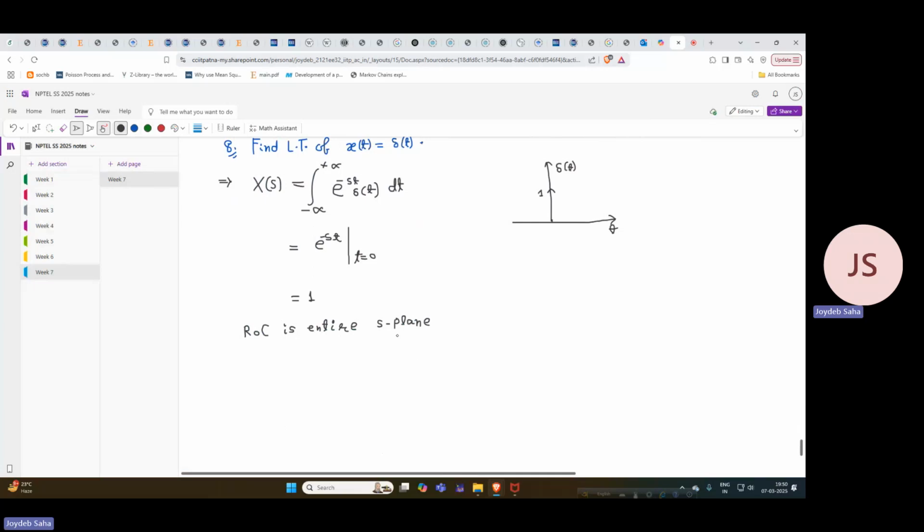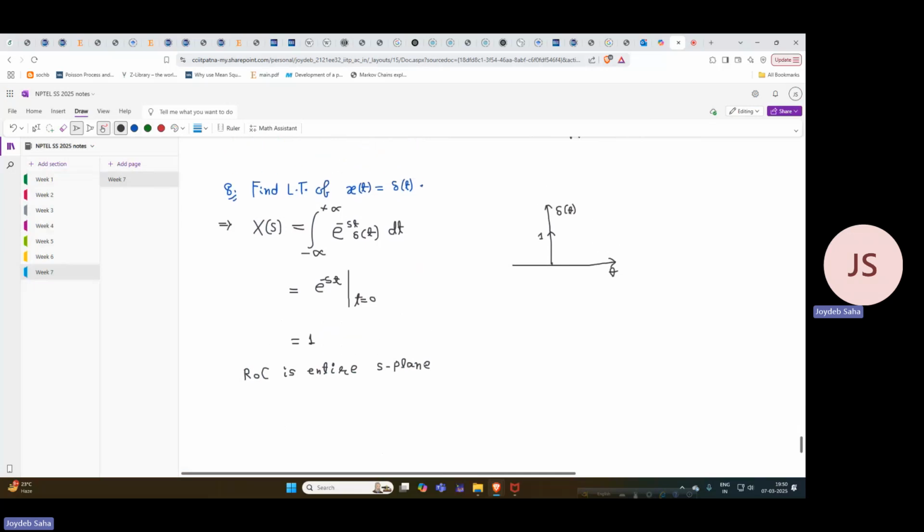Okay, so let us move to the next problem, or rather you take 1-2 minutes to understand. 1 minute is sufficient, I think, to understand this problem, and then we will move to the next question. Why is the ROC the entire S-plane? Because it is a finite duration signal.